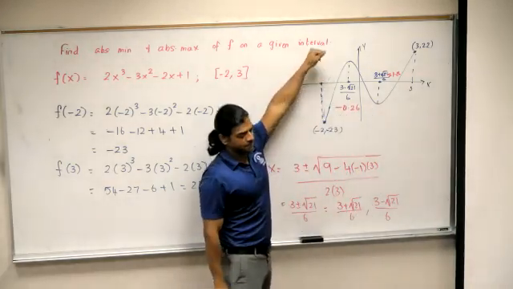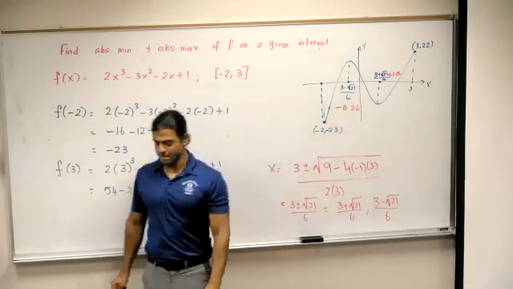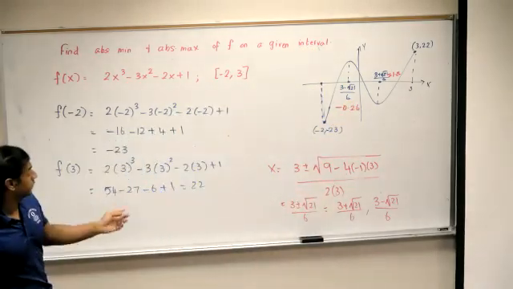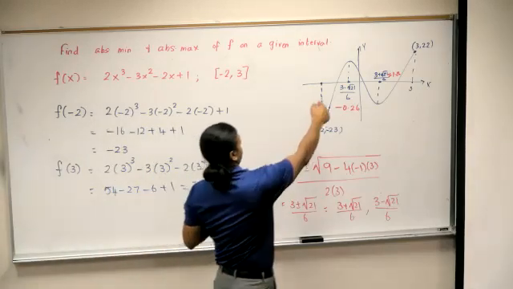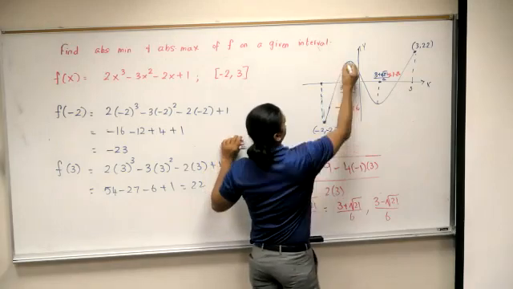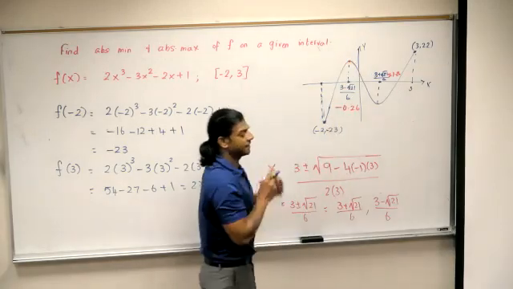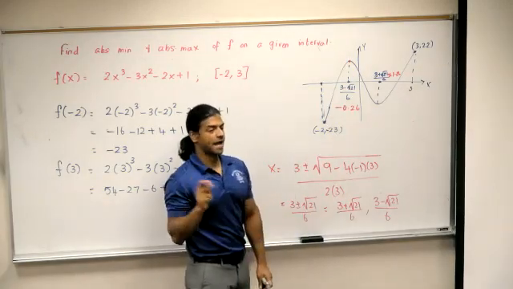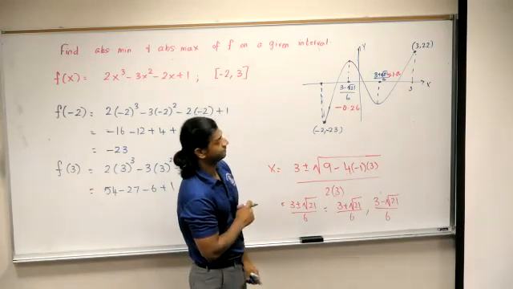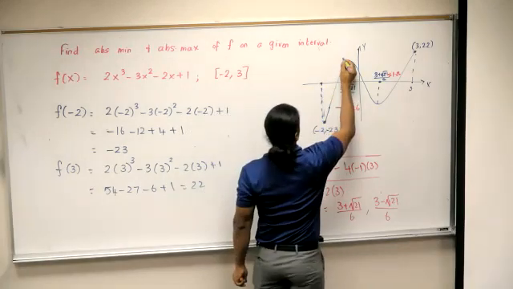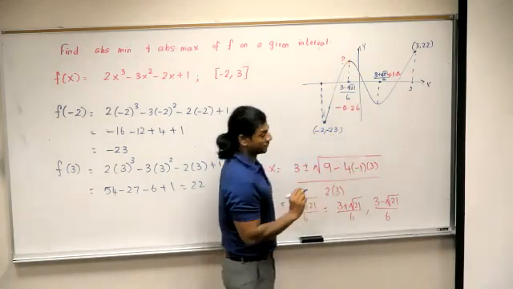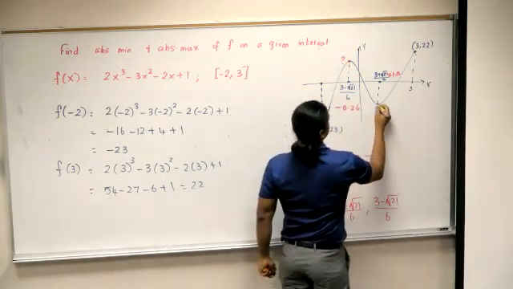Is there a maximum or minimum at (3 minus square root of 21) over 6? Right here, there is a maximum. Is that a local maximum or absolute maximum? It has to be local.